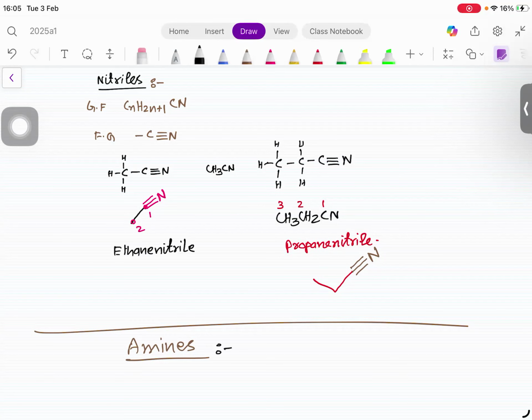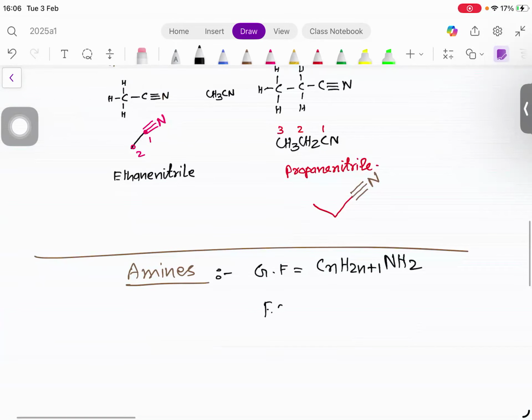Amines. The general formula for amines is CnH2n+1NH2, and the functional group is NH2. Okay.